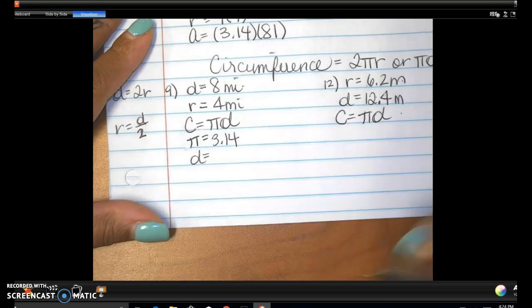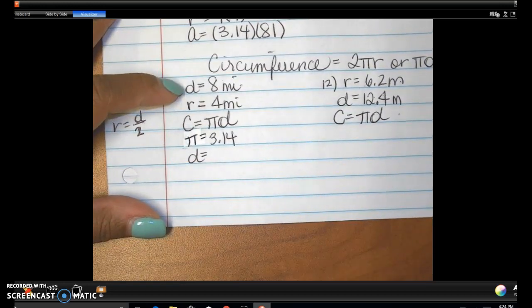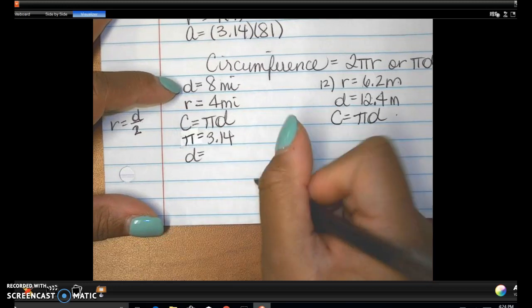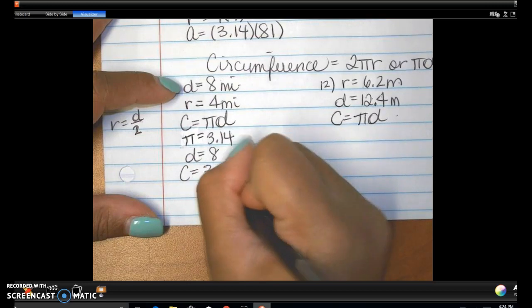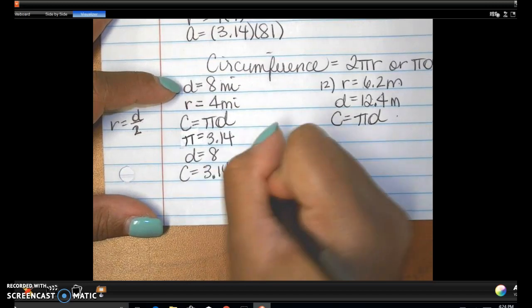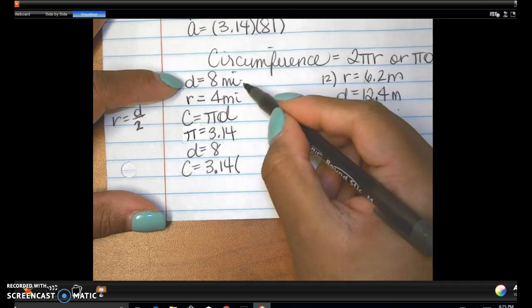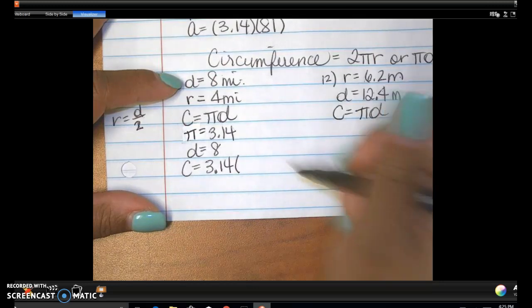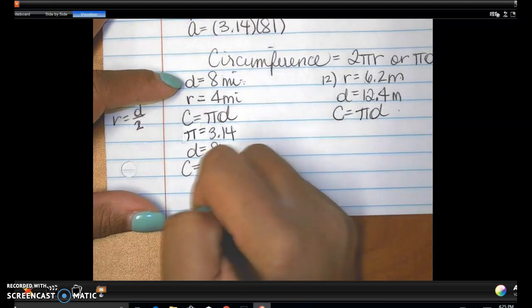Diameter is 8 miles. So circumference equals 3.14 times, what's the diameter? Right here. 8. Then you need to solve that out.